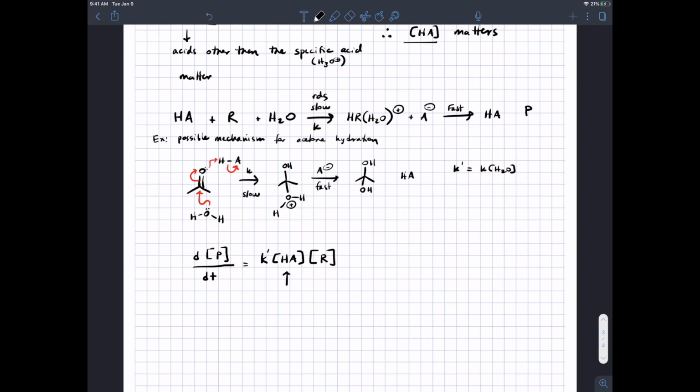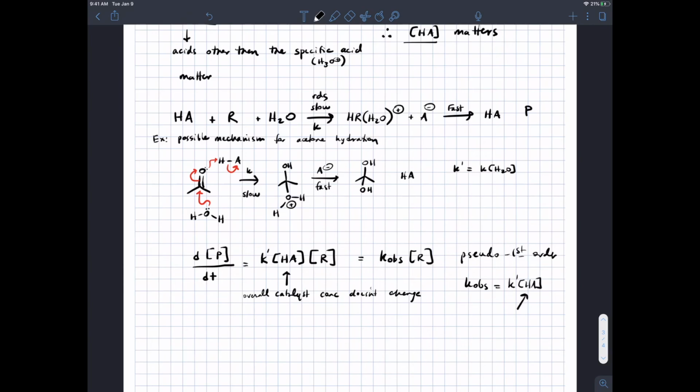So, because HA is a catalyst, its concentration doesn't change over the course of the reaction. And so that can be folded into the rate constant as well to give you this pseudo first order rate expression where your rate constant depends on the concentration of acid.